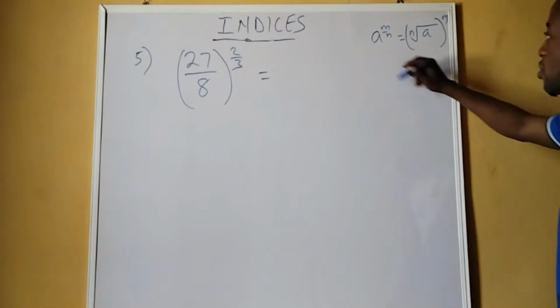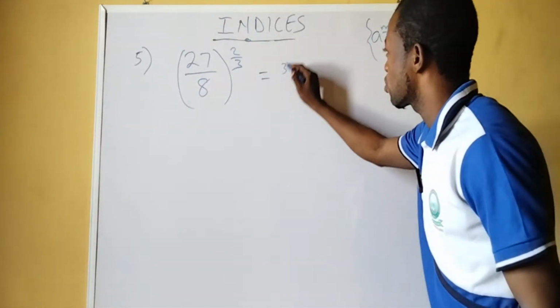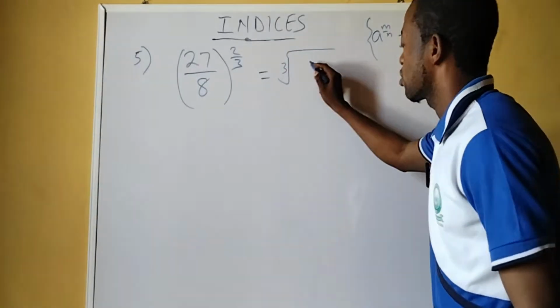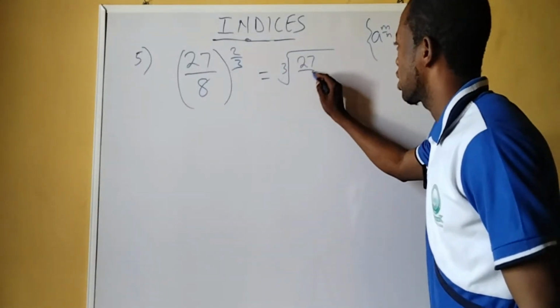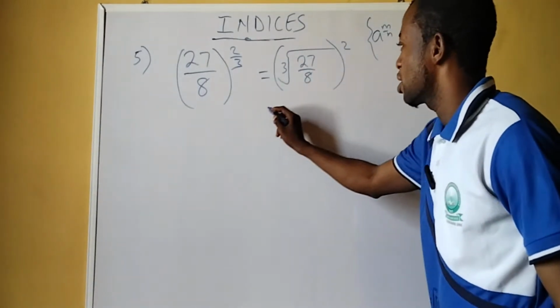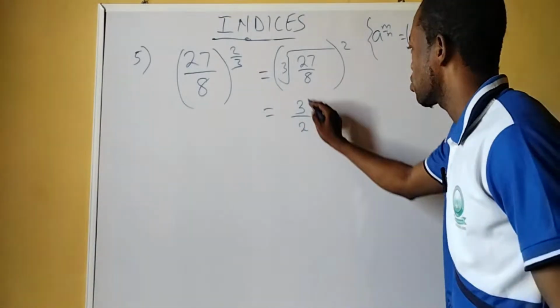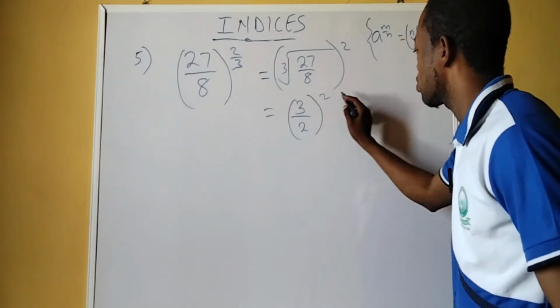So using this, it becomes the cube root of 27 over 8, all raised to power 2. Then cube root of 27 is 3, cube root of 8 is 2, all raised to power 2.